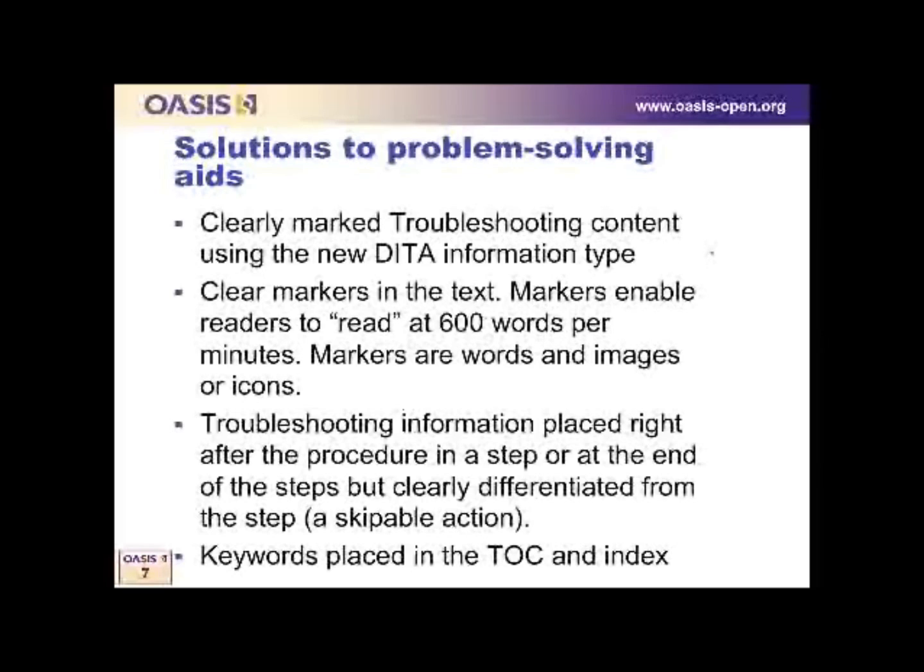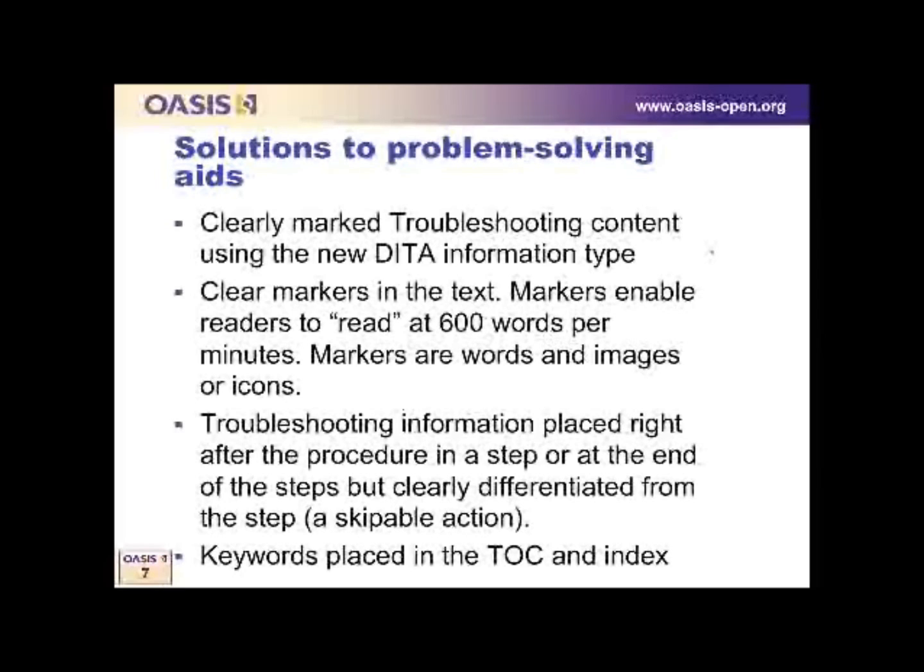So what are the solutions that we found to provide problem-solving aids? One, they should be clearly marked. Troubleshooting content using the new DITA information type will be clearly marked as troubleshooting information. There should be clear markers in the text. If there are markers that show where the troubleshooting information is located, what people are doing, of course, is scanning the text rapidly.